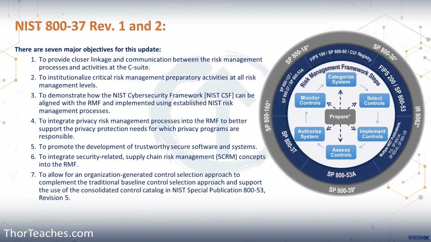And to simplify that, the better the communication and linkage with senior management and all the way down throughout the organization, that will, again, make our risk management processes more efficient, more effective, and more cost effective. We align this with the NIST cybersecurity framework that we will look at in a minute.